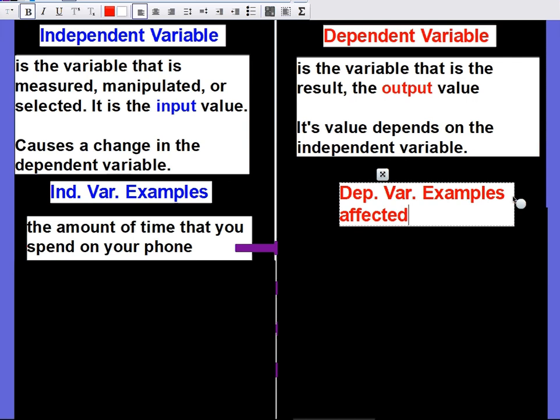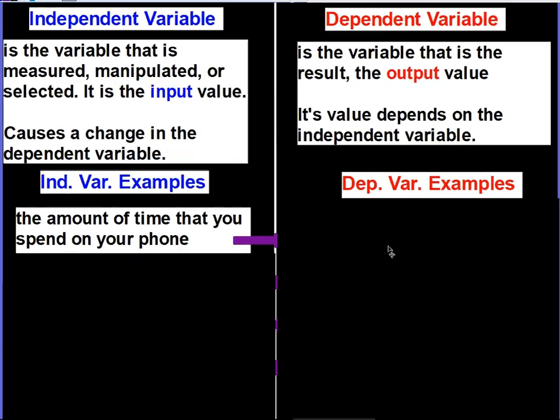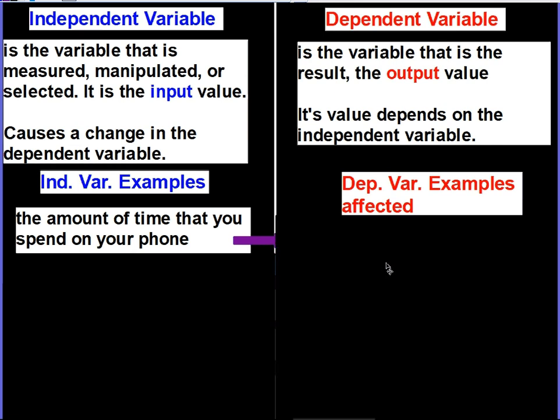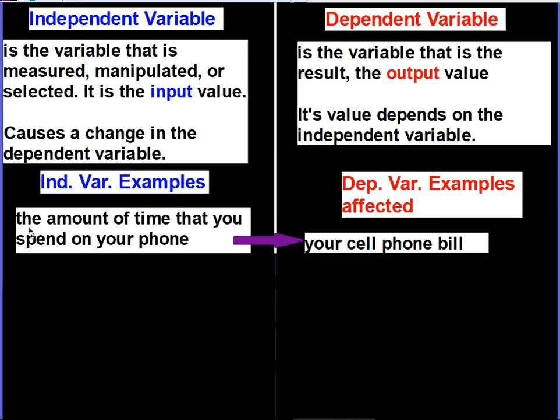Believe me, it's a stretch to go to the English side of things, but I try to incorporate that as much as I can because it's the one that's affected, okay? So you're seeing that the amount of time you spend on your phone affects your cell phone bill. The more time you have, the more your bill is going to be, okay?